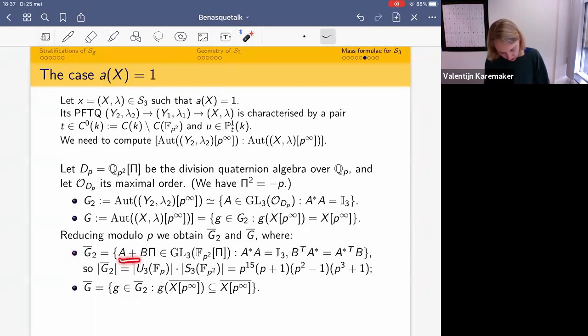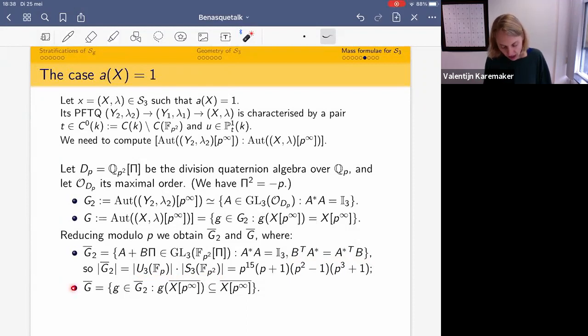Those are matrices of this form, so A plus B pi, where A satisfies a unitary condition and B satisfies a symmetric condition. So this is enough to then determine the cardinality of G2 bar as the product of the sizes of unitary matrices and symmetric matrices. So we know this really completely explicitly.